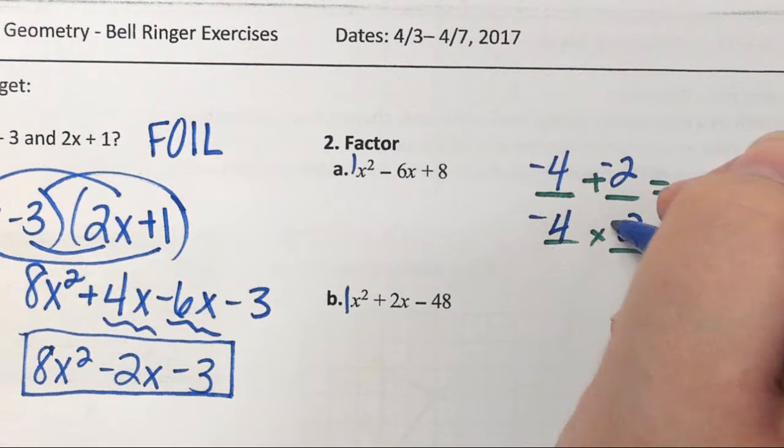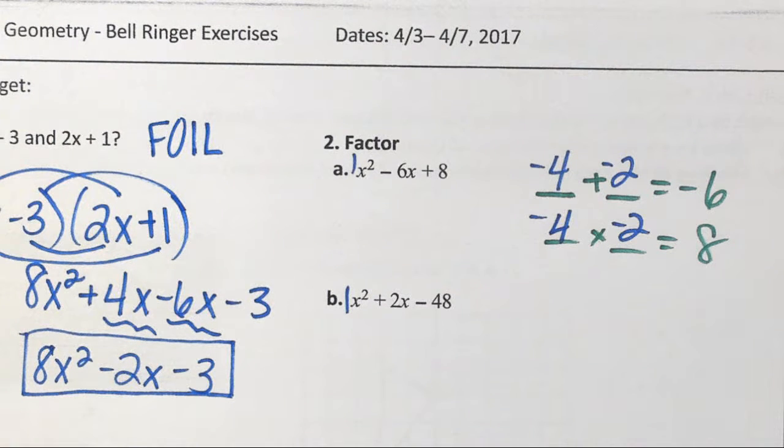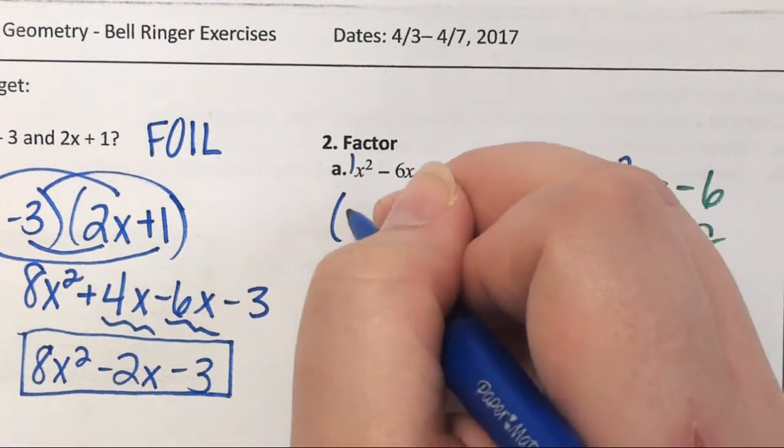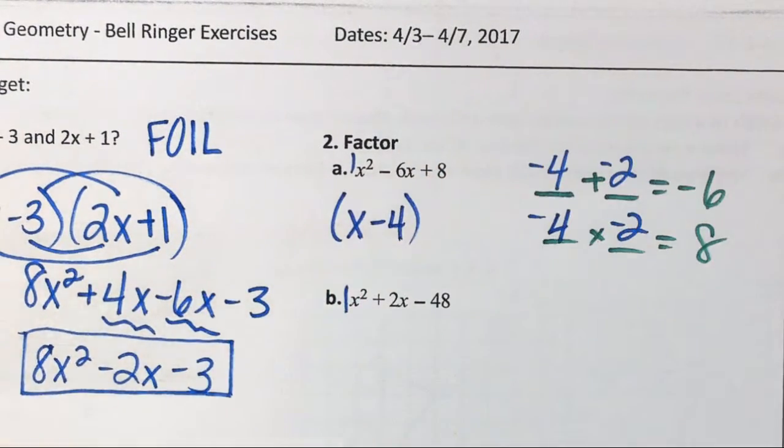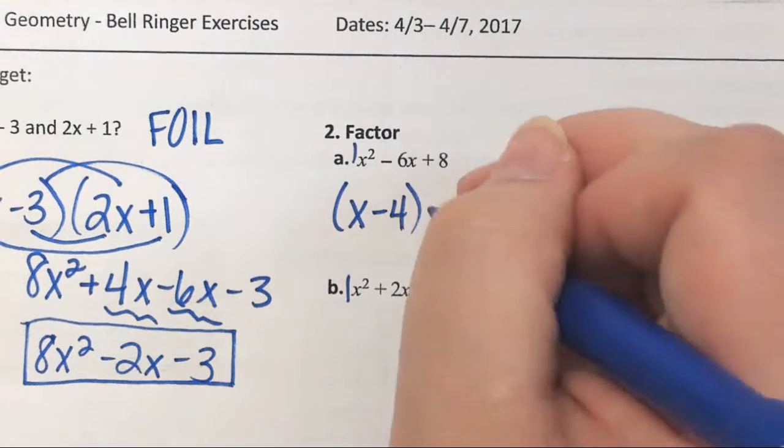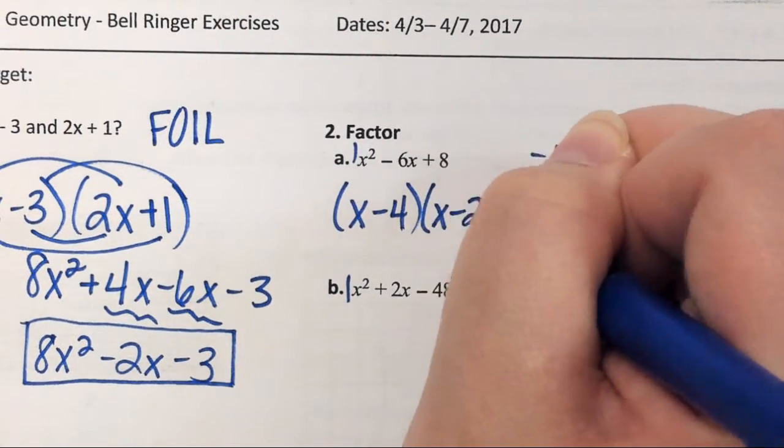Why do they both have to be negative? Because the negative times the negative is positive. Yeah, negative 4, negative 2, and the sum is negative 6. That's perfect. Okay, so since I'm using a negative 4, my one factor is x minus 4. Since I'm using a negative 2, my other factor is x minus 2.